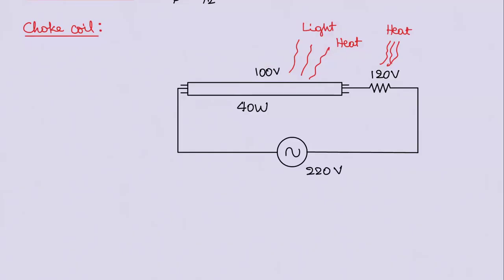So a lot of heat will be liberated. One thing, heat liberation is a problem, but apart from that it is a loss, na? So whatever energy you are consuming, 50%, or in reality more than 50% is heat. Not an efficient way. Is there any efficient way?